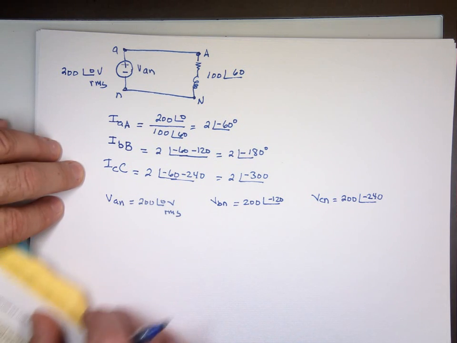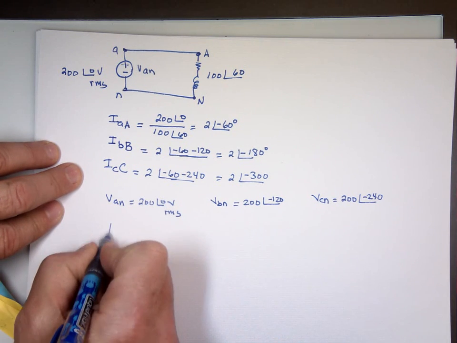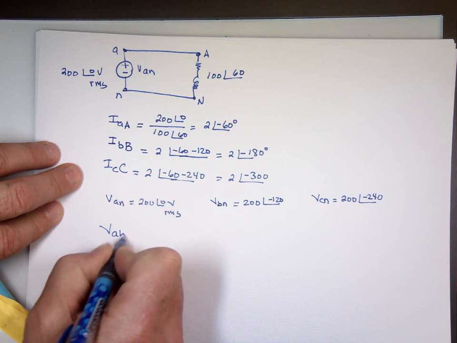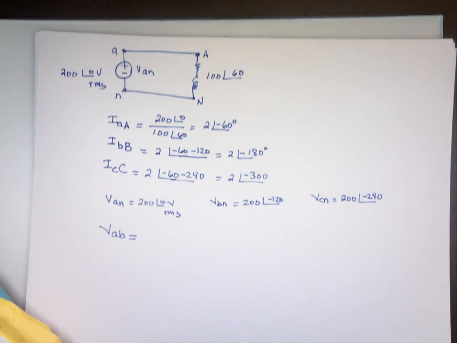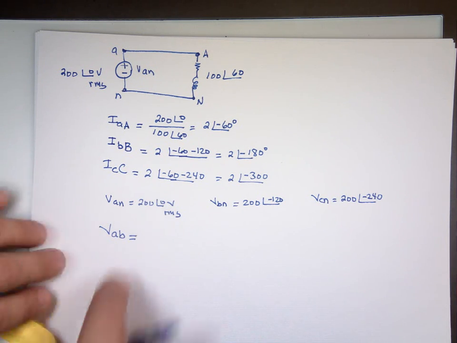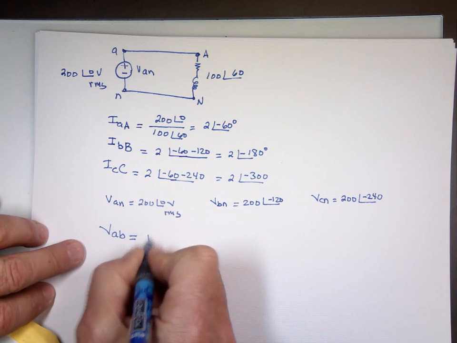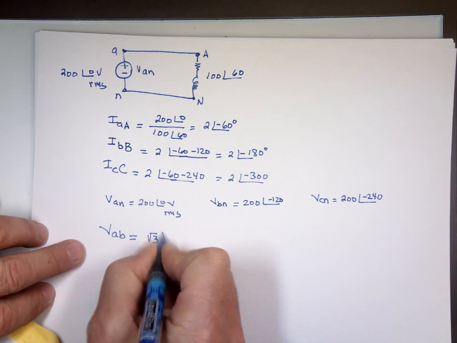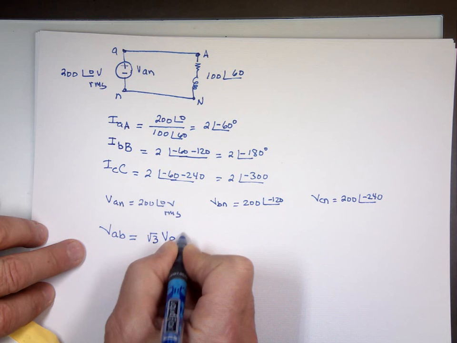Can I tell you what VAB is now? We just derived that equation. We said VAB is going to be the square root of 3 times the peak voltage, add to it 30 degrees.